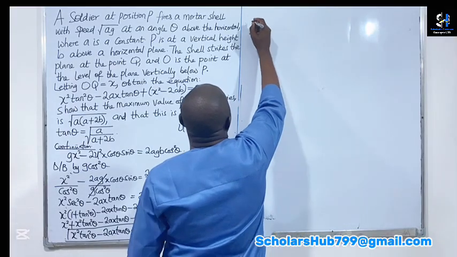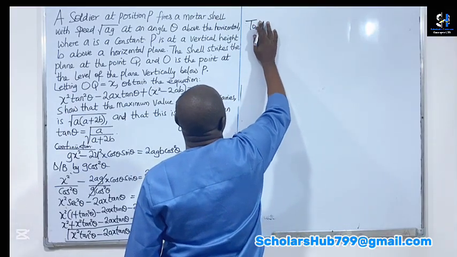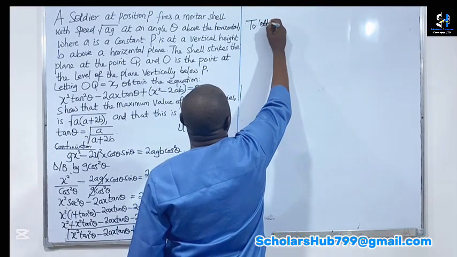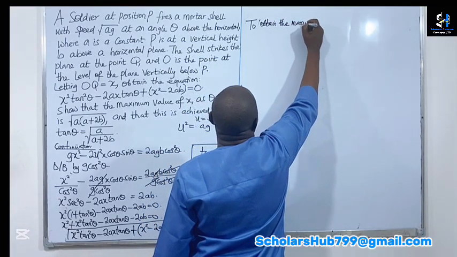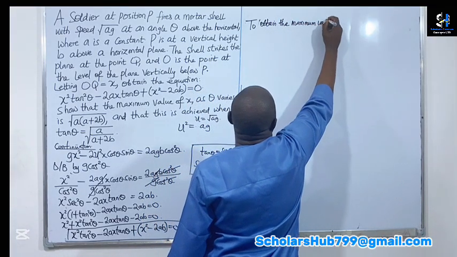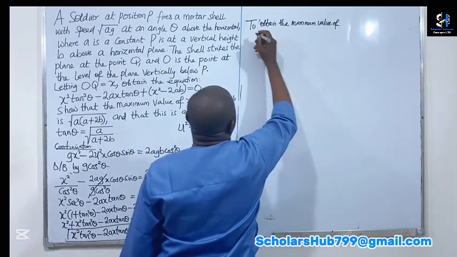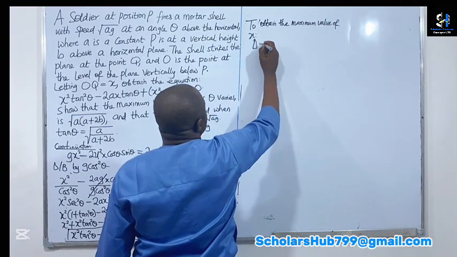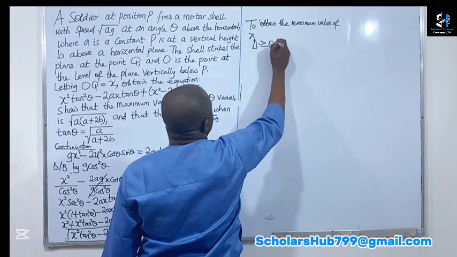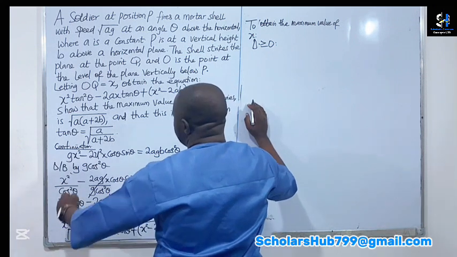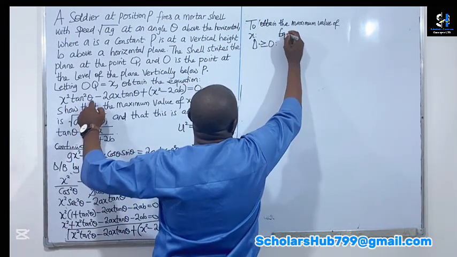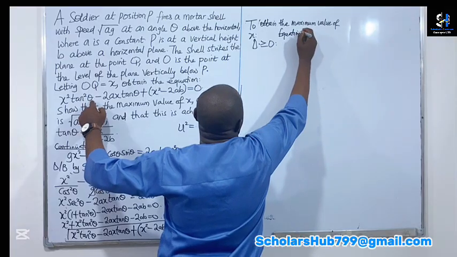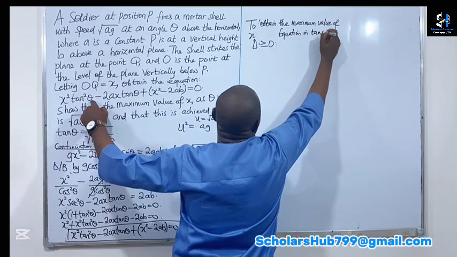To obtain the maximum value of x, we make use of the discriminant being greater than or equal to 0. Here we have an equation in tan theta.